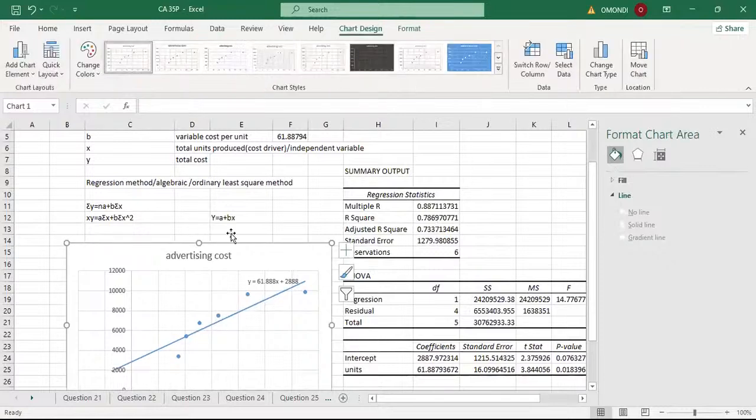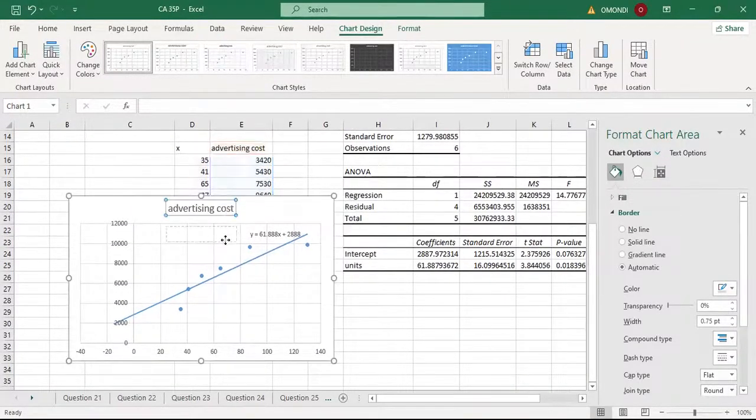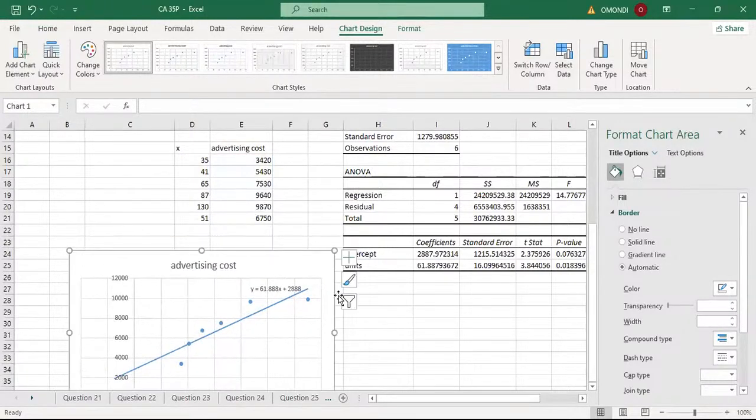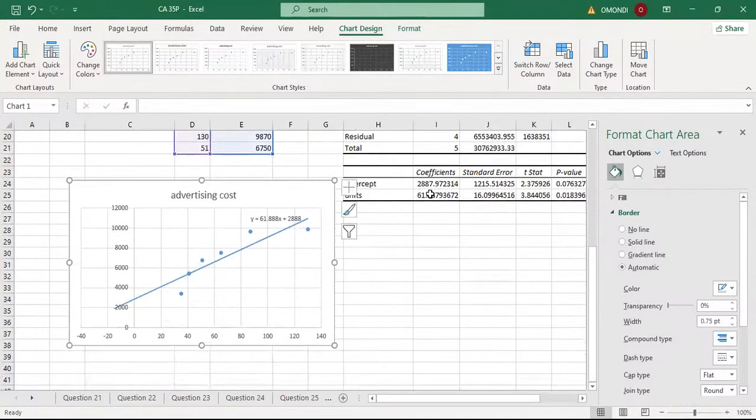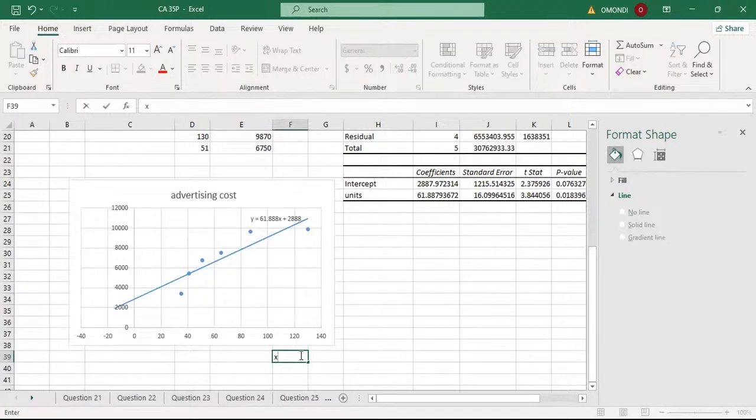This one here, we are doing that question using a scattered graph. But what I'm interested in is this one here. What was I saying? That at this point here, the intercept, x is equal to 0. Remember, x is now the units, and this one here is the y-intercept, or the total cost.